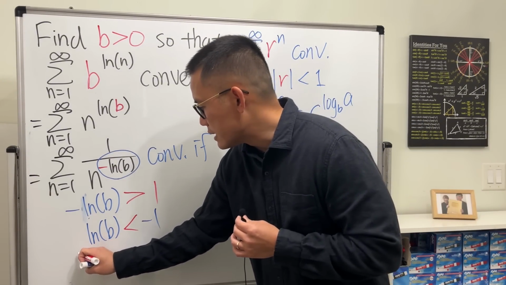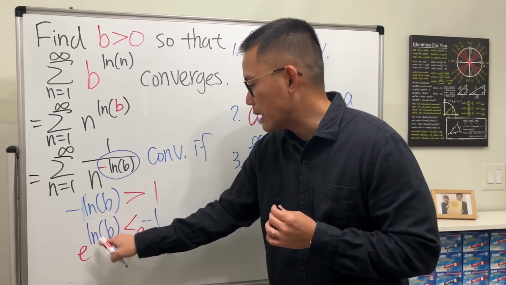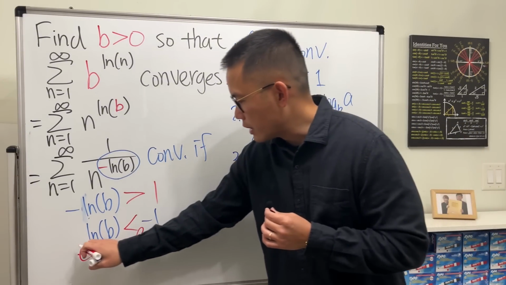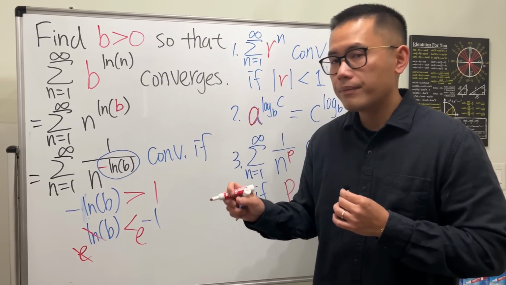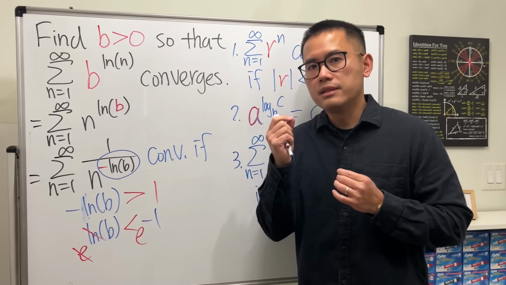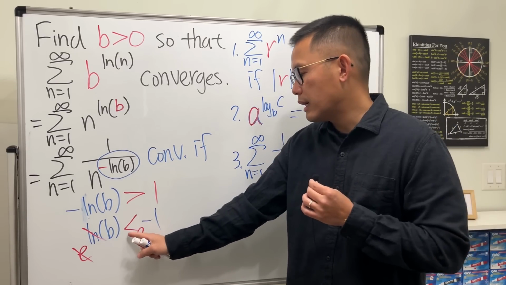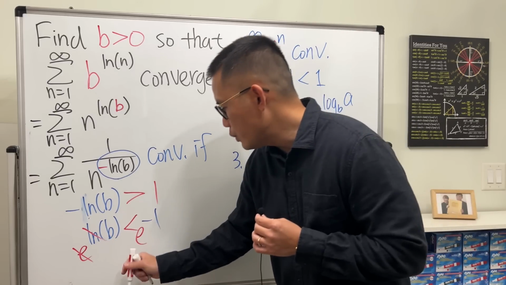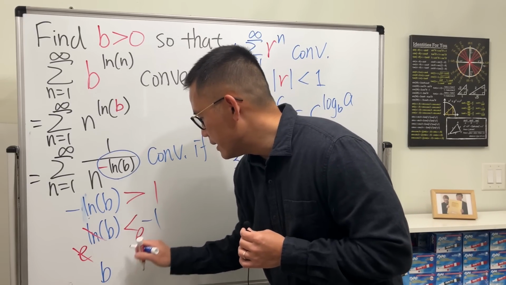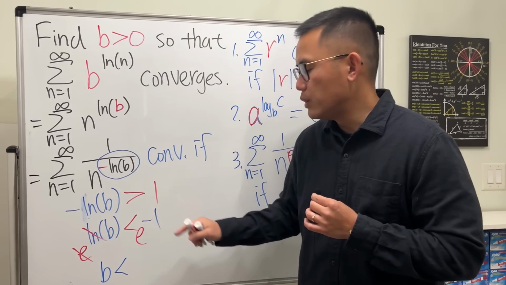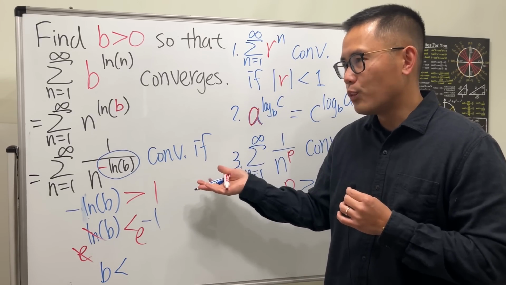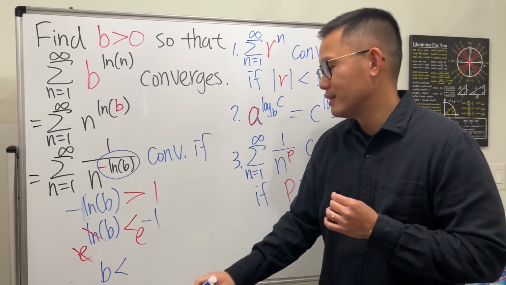Then we can just exponentiate both sides, meaning e to the power and e to the power. So we can get rid of e and ln. Now, e to the x is an increasing function, so we do not have to switch the inequality. So we will just get b is less than e to the negative 1, which is the same as 1 over e.